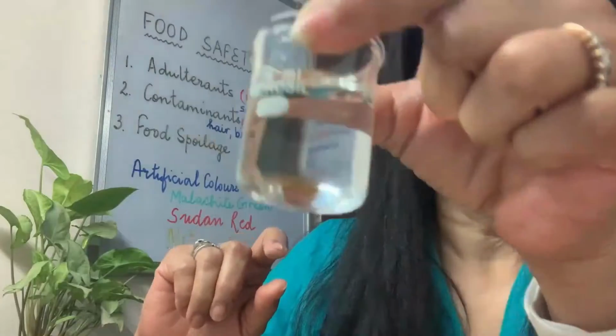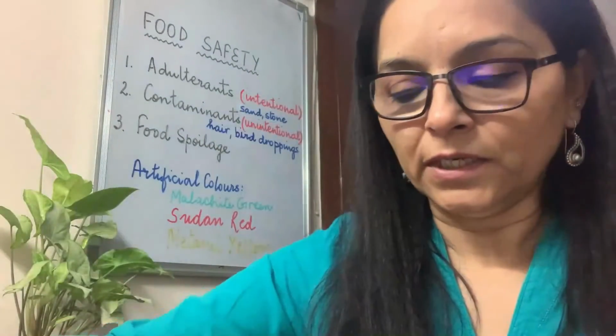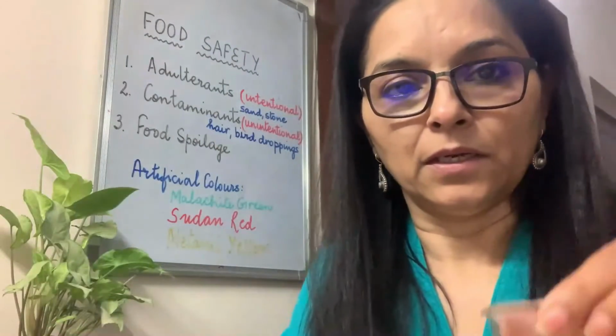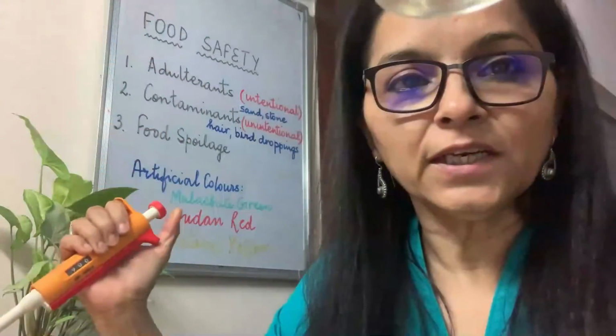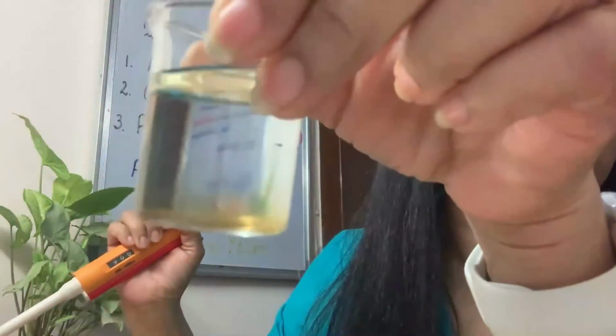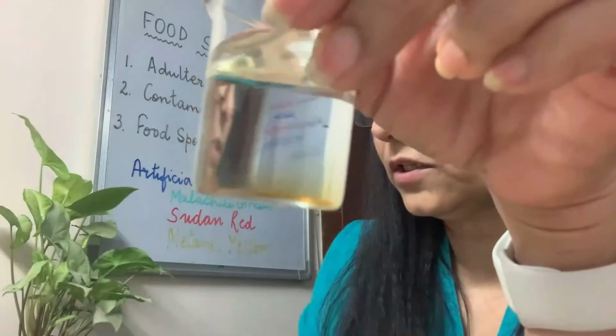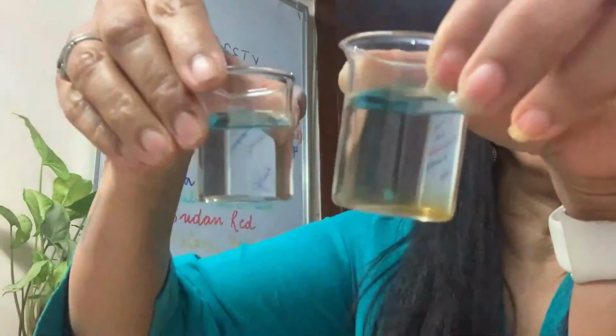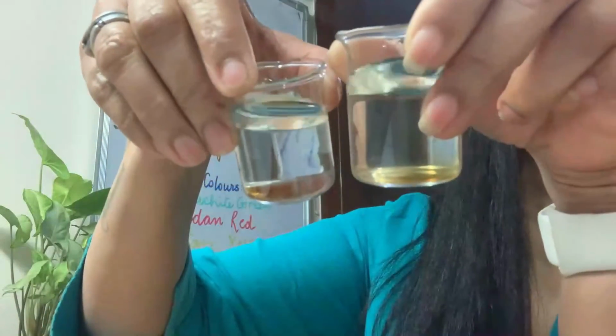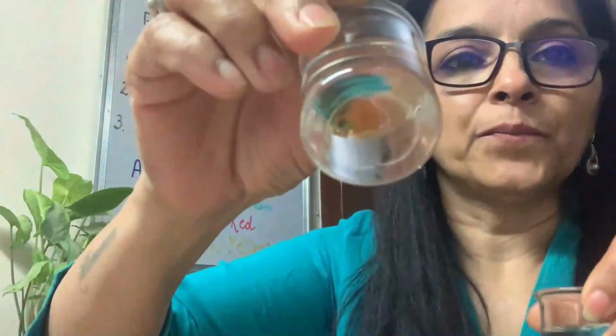While if you take impure honey and put a drop of it in, you can see that it easily dissolves. So this is the major difference between adulterated and non-adulterated honey.